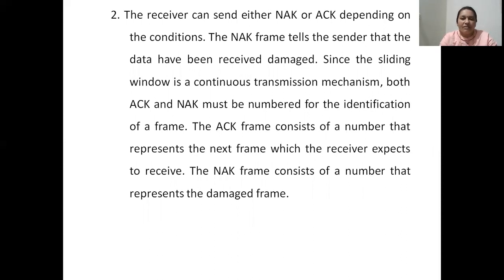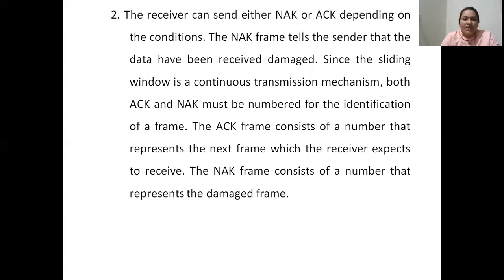In the second scenario, the receiver can send either a negative acknowledgement or a positive acknowledgement depending on the condition. If the frame was correctly received, it sends a positive acknowledgement, whereas if a damaged frame or a frame with errors was received, then a negative acknowledgement will be sent back to the sender. Since the sliding window is a continuous transmission mechanism, the acknowledgements have to be numbered. Plain acknowledgements without any numbering will not serve the purpose because multiple frames would be sent at a time before an acknowledgement.